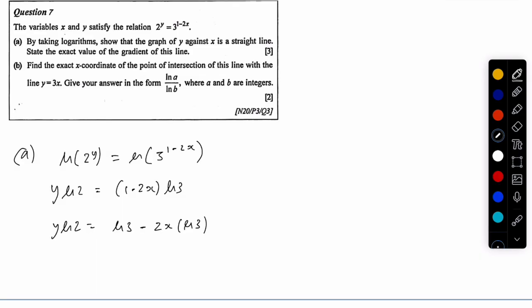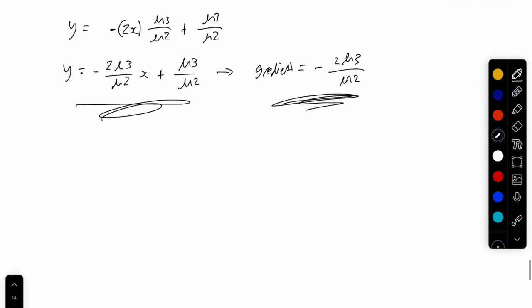Alright guys, now for part B, it says find the exact x coordinate of the point of intersection of this line with the line y equals 3x. Give your answer in the form ln A over ln B, where A and B are integers. So the way you go about doing this now is we're going to solve y equals 3x and our y simultaneously.